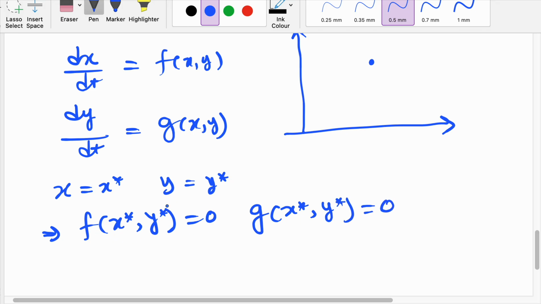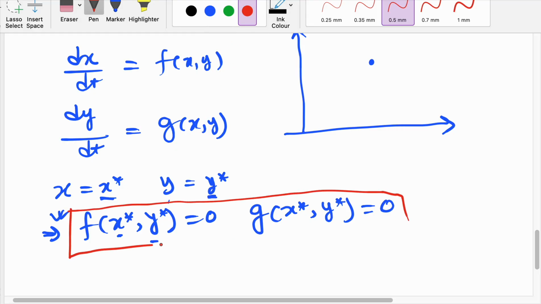So if the system has some fixed point, then this fixed point will automatically satisfy these two equations, or the other way around, I will solve these two equations and I will get a fixed point in two dimensional space. The meaning of the fixed point is the same: if the system reaches or attains that point, it will not change any further.